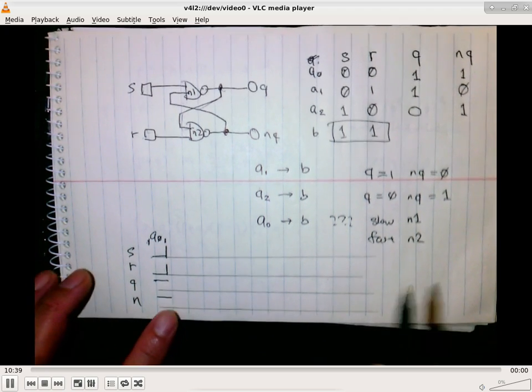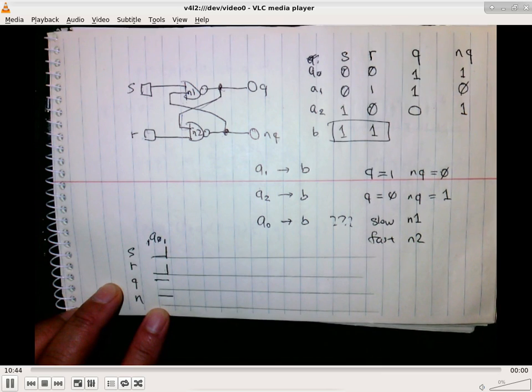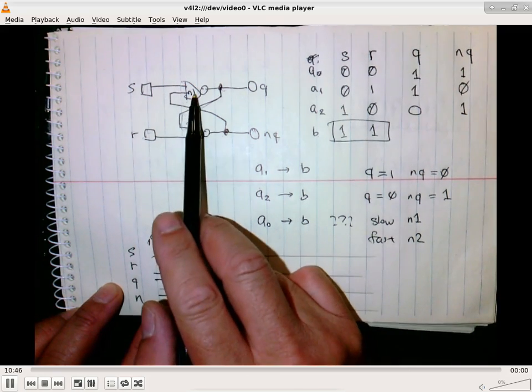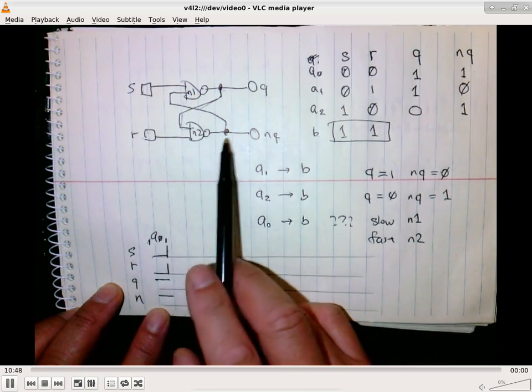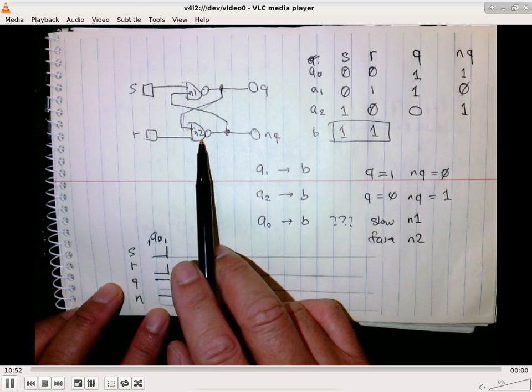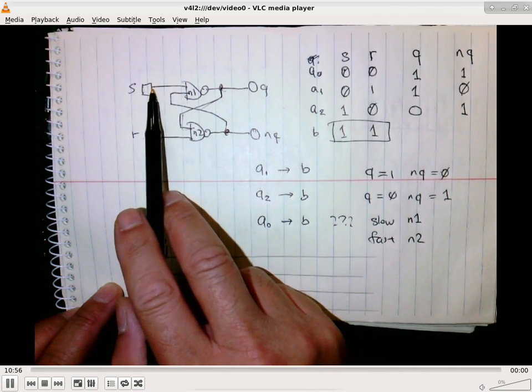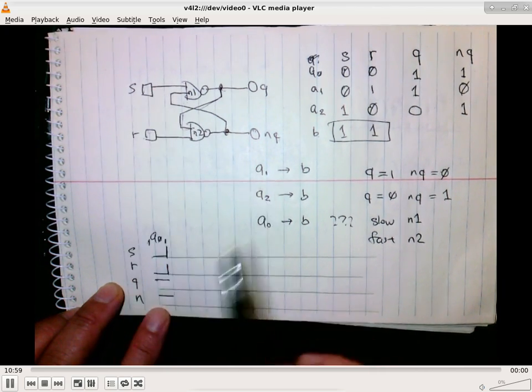Right, so at this point, after this transition, N1 is the fast one, right? So N1 will still be seeing a 0 coming out of N2 because N2 is slow. So we'll have a 0 going here, and then S would be changed to a 1 immediately.